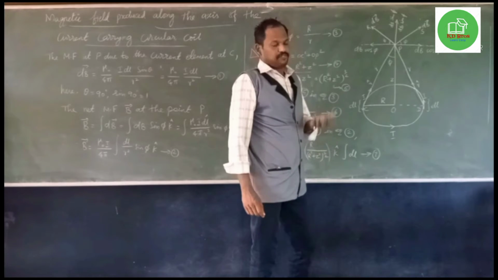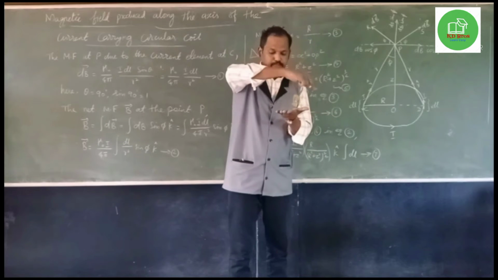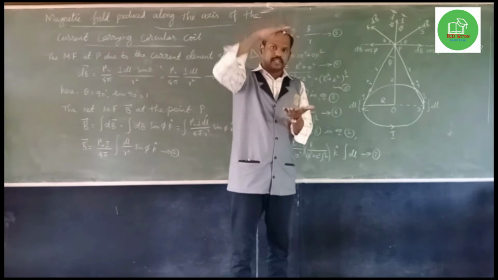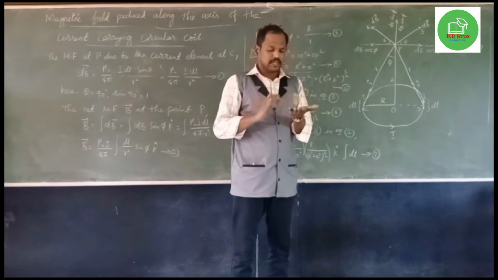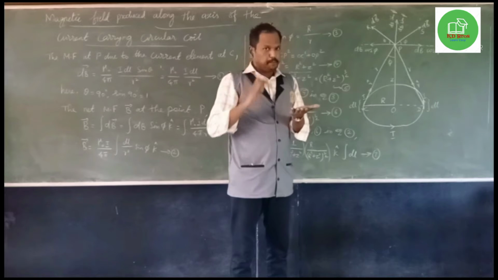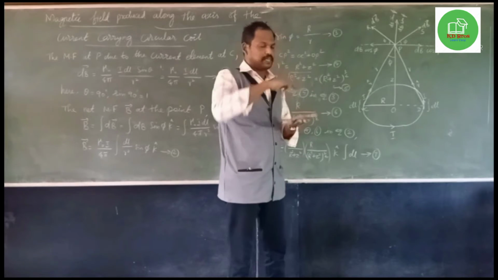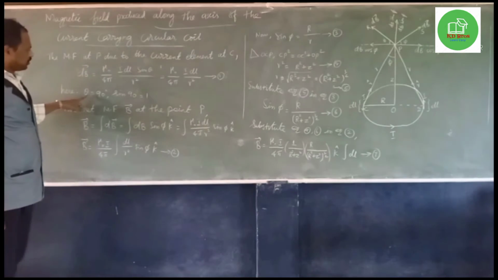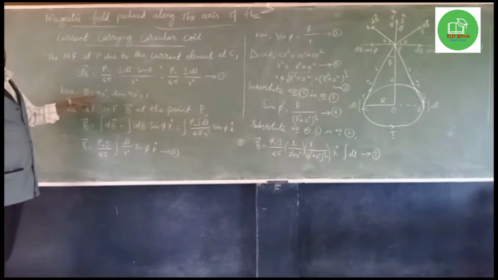It makes a 90 degree angle. For example, the circular coil is placed in the horizontal direction, and we have taken the point P in the vertical direction. So the angle between PC and the current element is 90 degree, and that's why we have denoted that theta is equal to 90 degree.